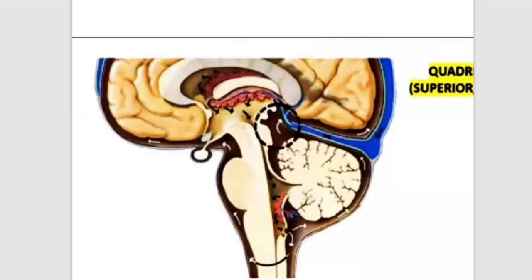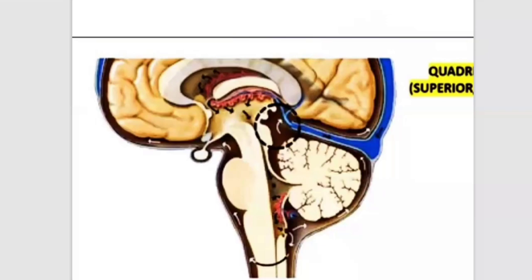See, this is the diagram. Behind the midbrain you have two superior colliculi. The green ones are the two superior colliculi and the non-colored ones are the inferior colliculi. There are four structures, all of them.